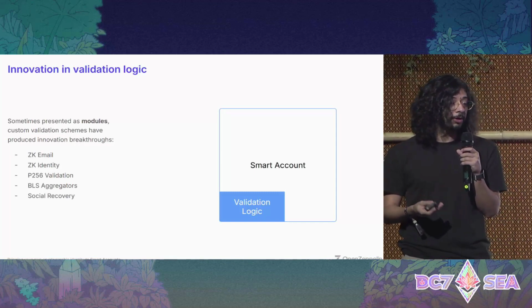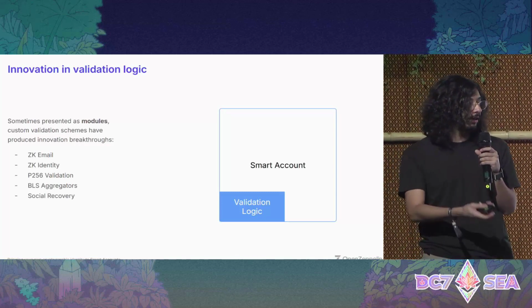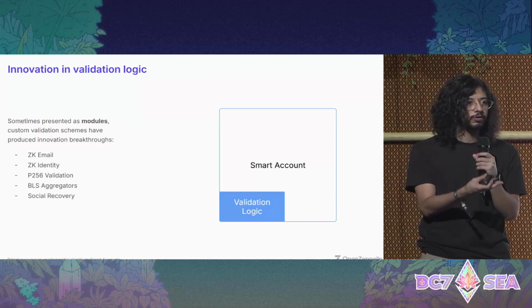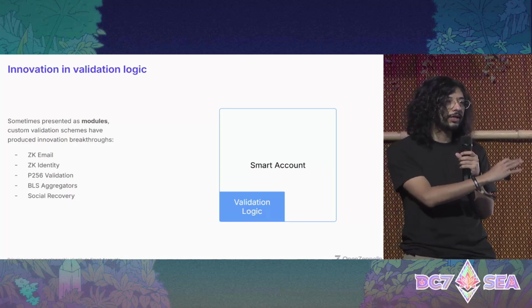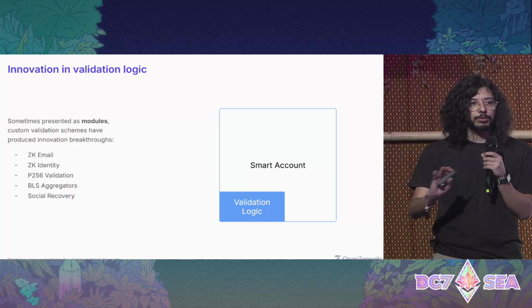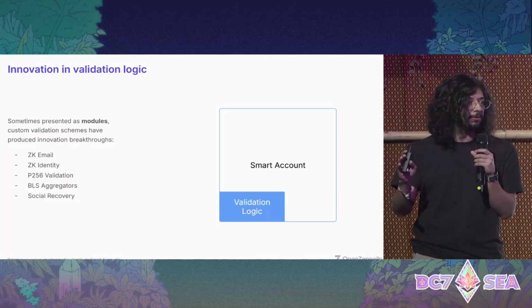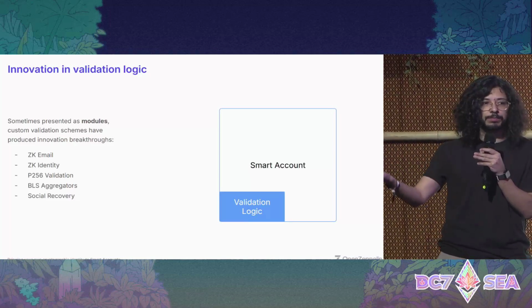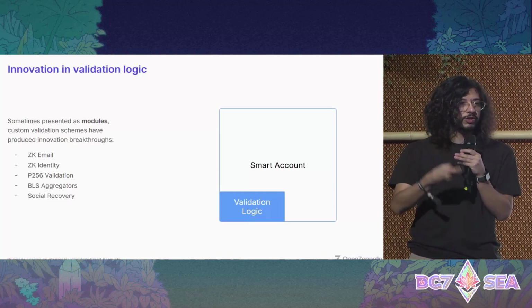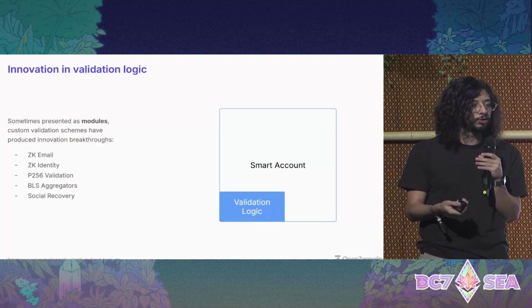This is pretty clever. Also, ZK identity, we have seen a couple of options like using passports and these kinds of things. So this is why we think the validation logic layer is an important part that should be extensible for developers, because a lot of innovation is happening right here, but it's being brought up as modules, which is also a valid approach.